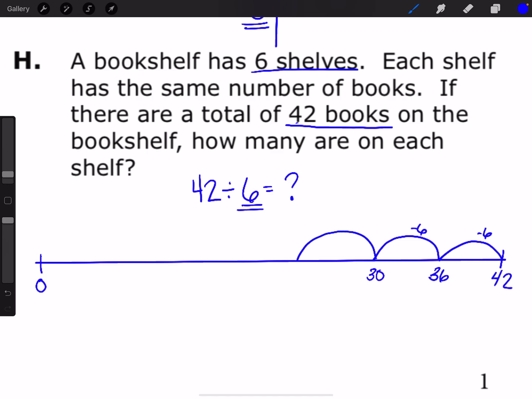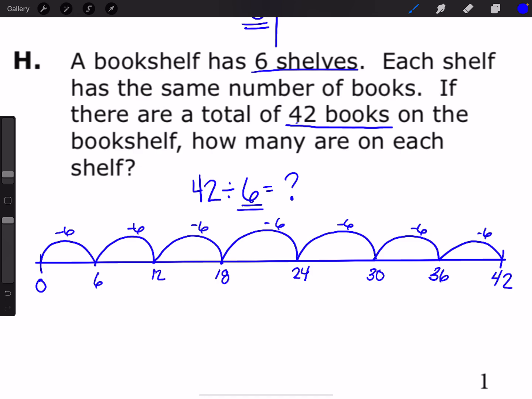Another chunk of 6 is 24. Another chunk of 6 is 18. Another chunk of 6 is 12. Another chunk of 6 is 6. And another chunk of 6 lands us at that 0.